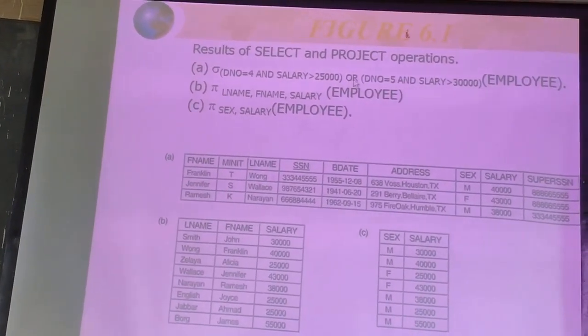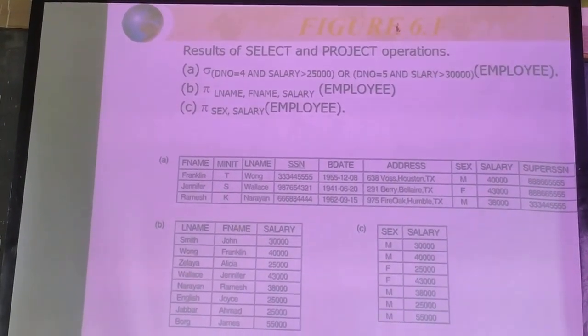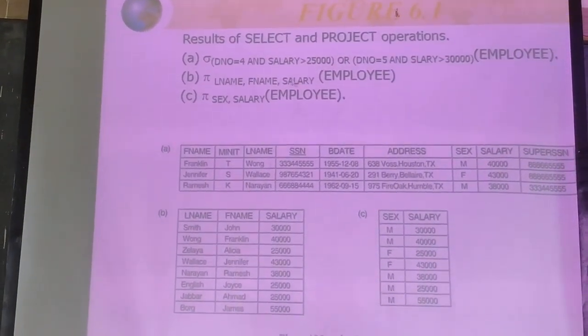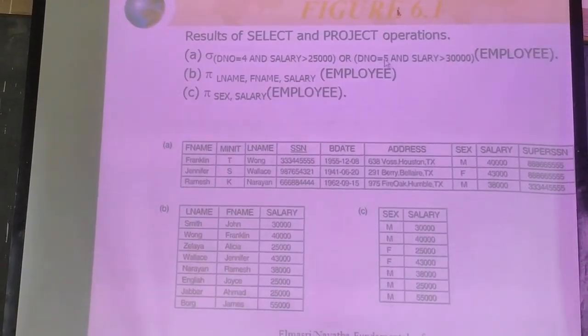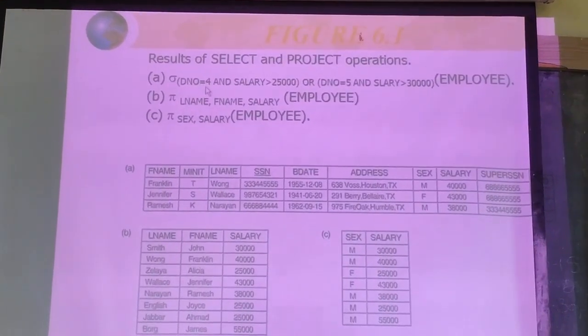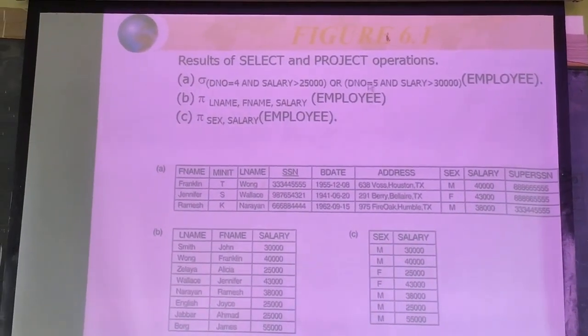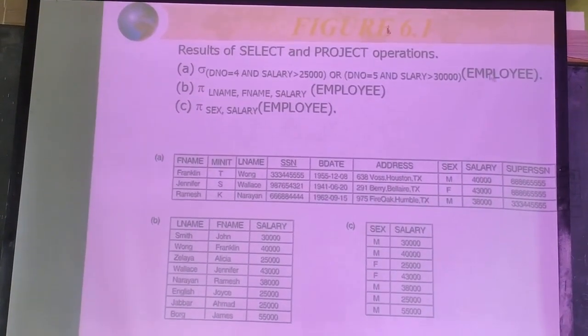The condition works like a selection from both departments, so it can be department number 4 or department number 5. Here the AND operation applies: department number 4 and salary greater than 25,000, and department number 5 and salary greater than 30,000, from the employee table.